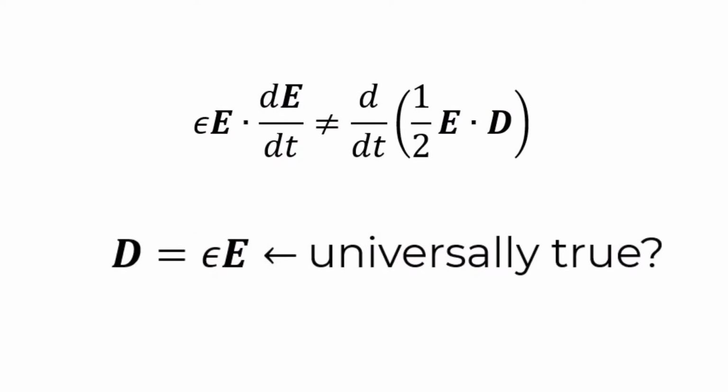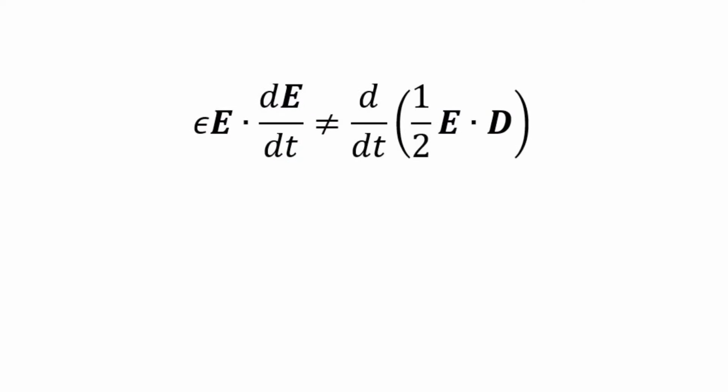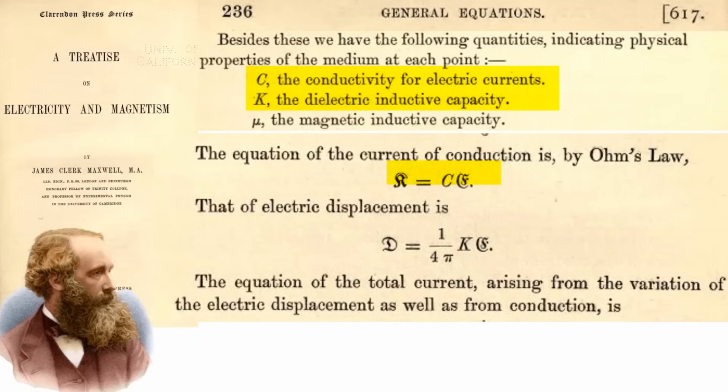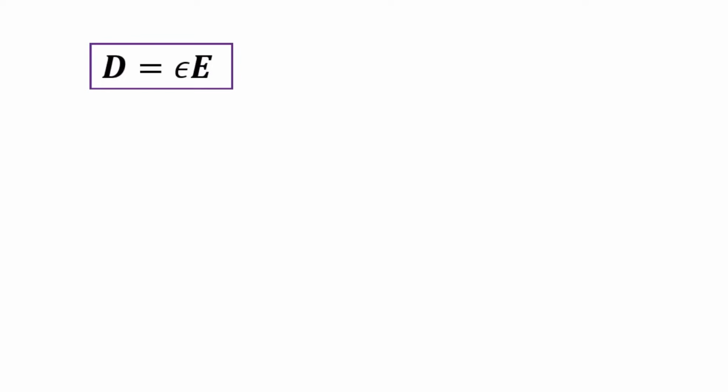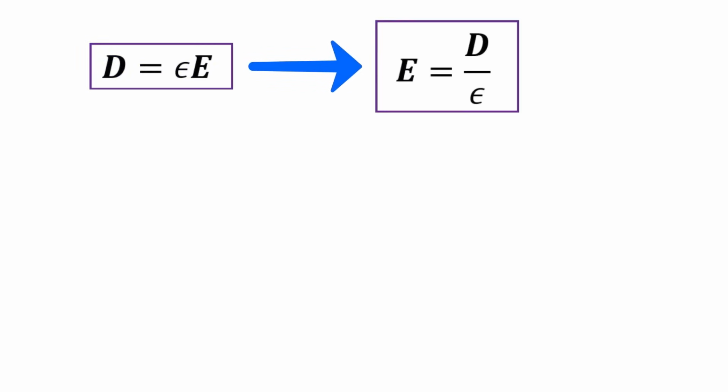Finally, I object to stating that D is equivalent to epsilon E in all situations. As Maxwell noted in his 1873 book, in conductors, the current density in the wire is equal to the electric field times the conductivity, J equals sigma E, which is called the microscopic Ohm's law. However, if D equals epsilon E, then by simple division, E equals D over epsilon.